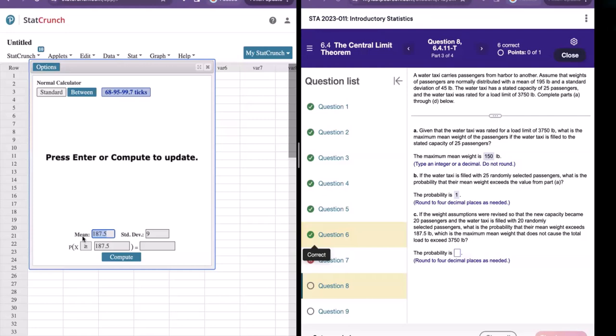So we want to know when it exceeds 187.5, but because we assume that the weights of passengers are normally distributed with a mean of 195, and a standard deviation of 45 over the square root of 20. I cannot do that in my head. That's a weird number.